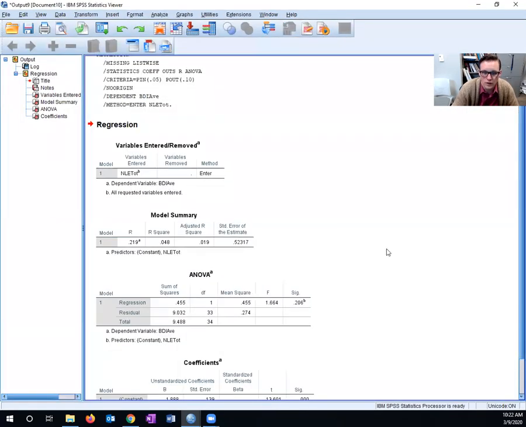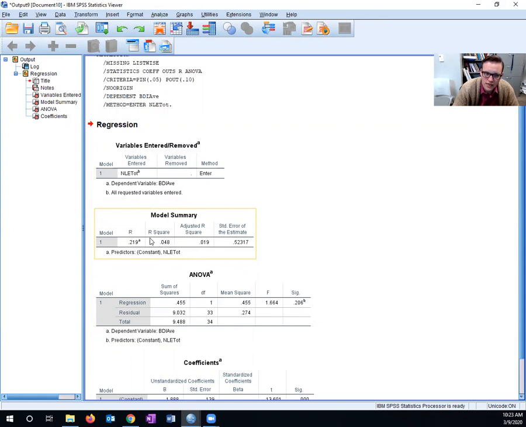and here's our output. So if we go through this, this is the first one that we might look at. This tells us what amount of variance in the outcome variable, depression, is accounted for by variance in our predictor, negative life events.